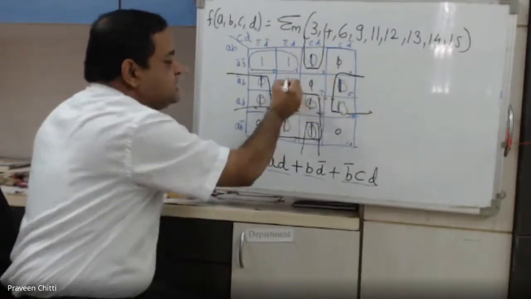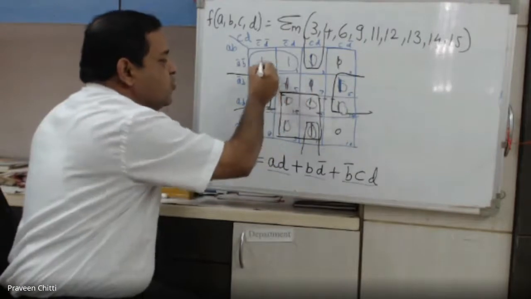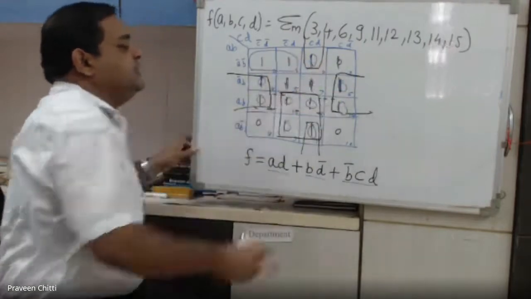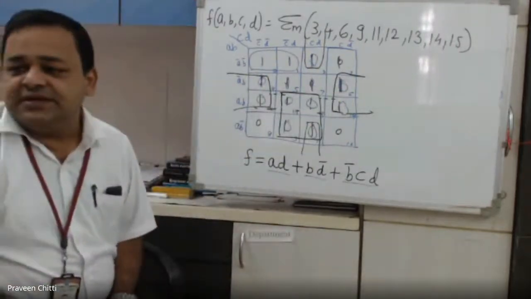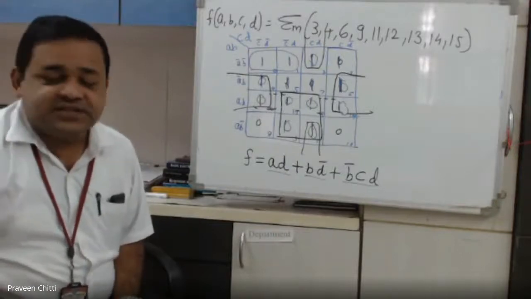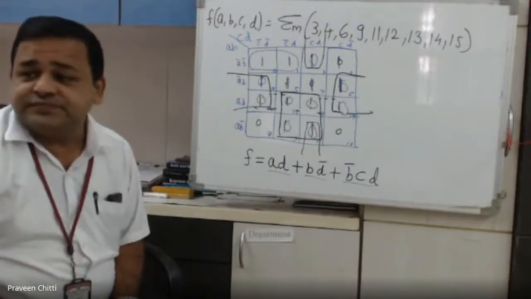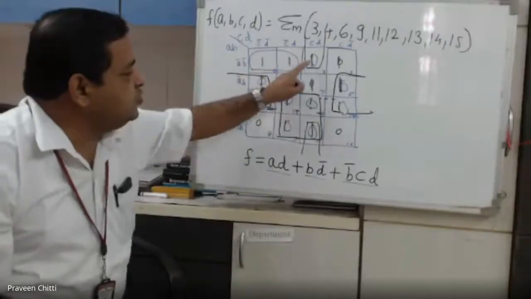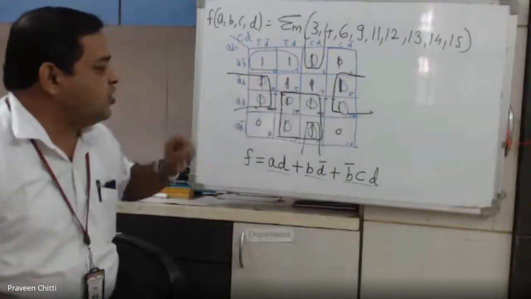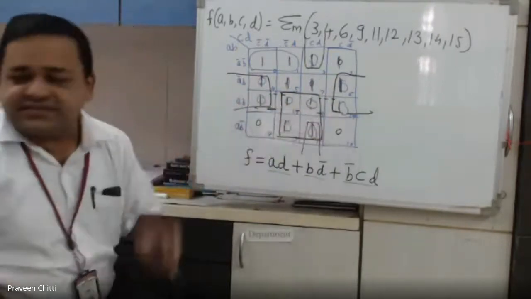Now suppose all are 0 and I have 1s like this. Chandan, can you tell me the answer? Here there are 8 ones, all are 1 and the remaining 8 are 0.